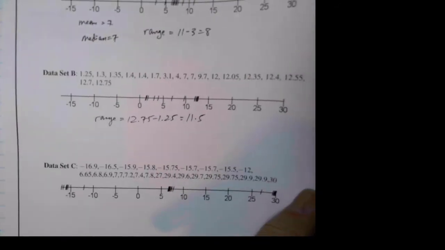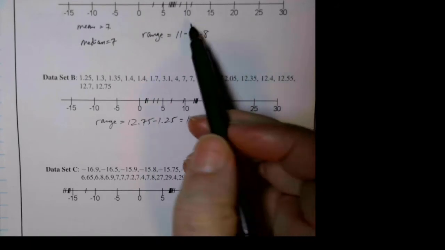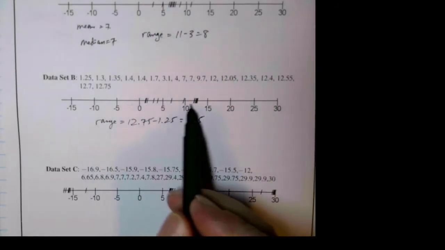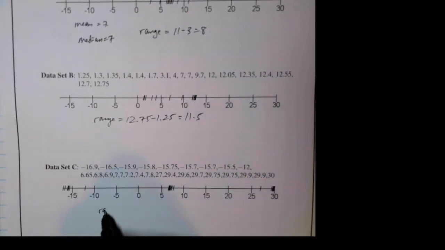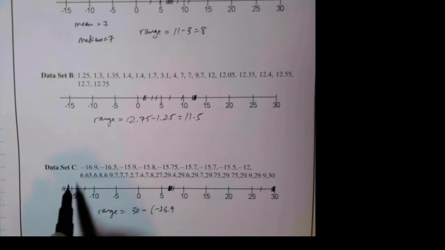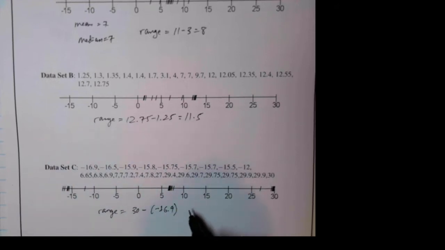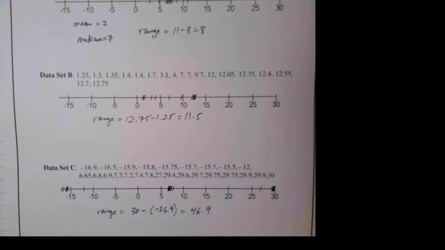And then finally down here, this data does take up a little bit more of the number line than this one. And then down here, of course, the range is much larger. The range is going to be 30 minus negative 16.9, this minimum data point here, and that is 46.9, right? It's spread across a range of 46.9 on the number line.